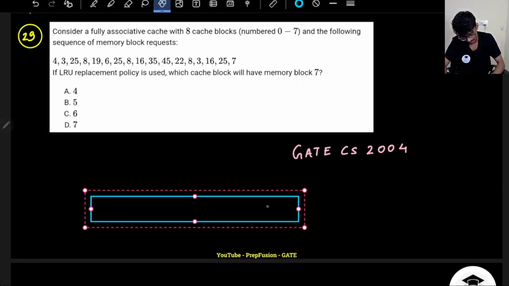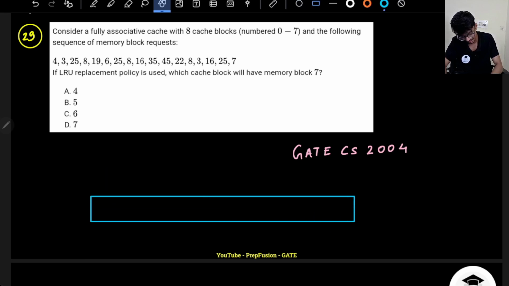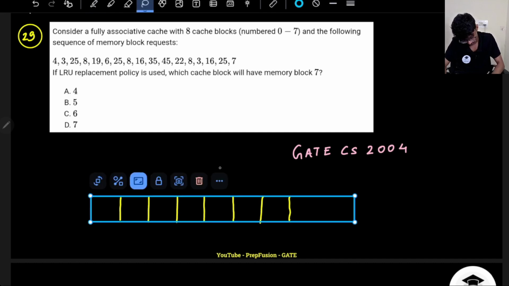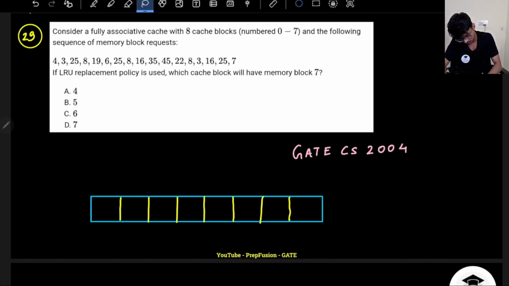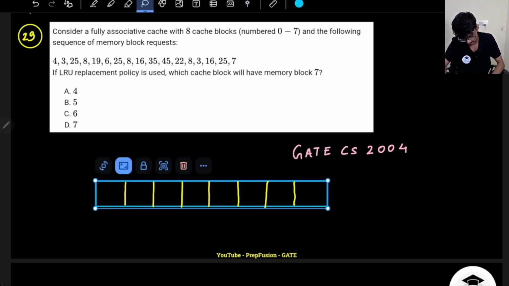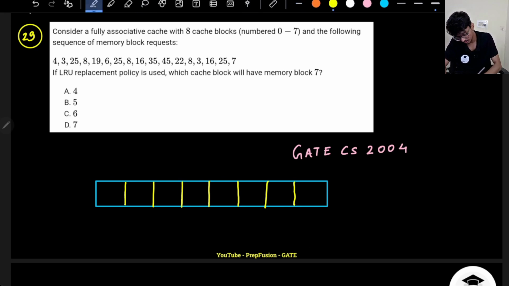So I will have 8 cache blocks: 1, 2, 3, 4, 5, 6, 7, 8. So I have 8 total spaces. I will bring everything.